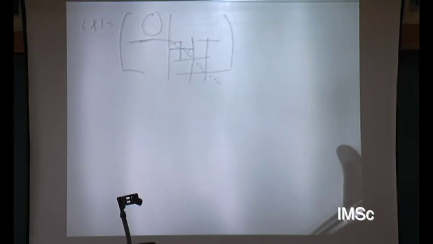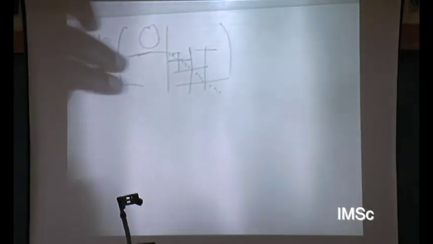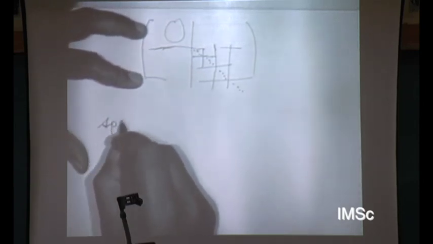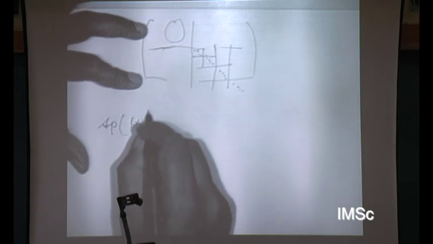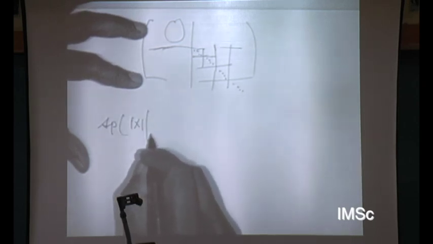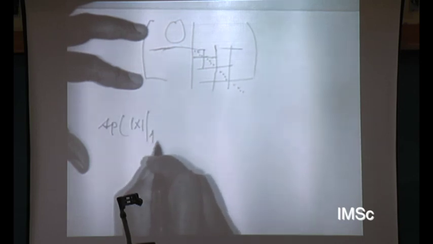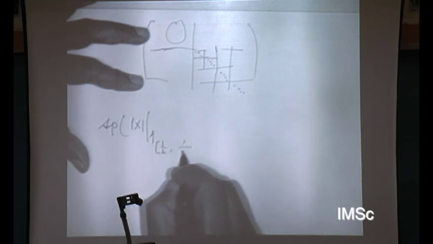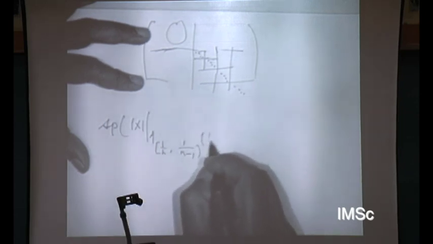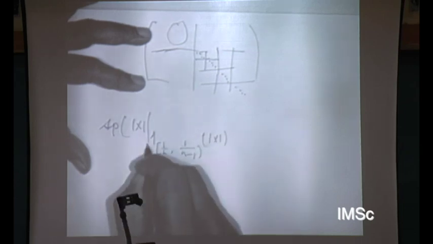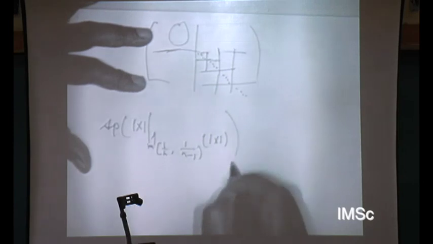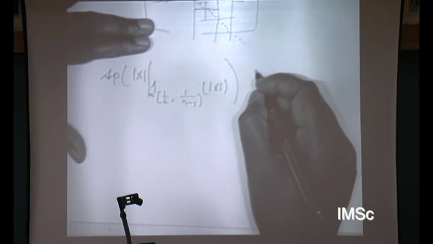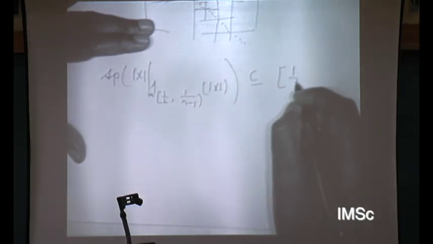I'm just saying that the spectrum of mod x restricted to the indicator of 1 by n to 1 by n minus 1 of mod x, the range of this, will be contained in 1 by n to 1 by n minus 1.